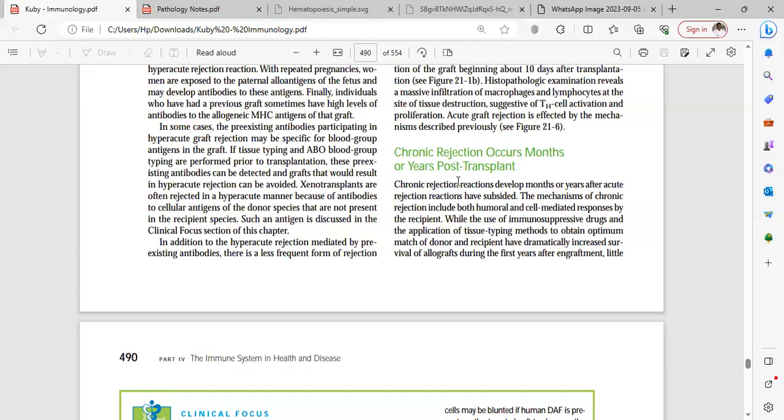We have something called tissue typing. Basically, we are able to go deeper into the molecular level of those cells.